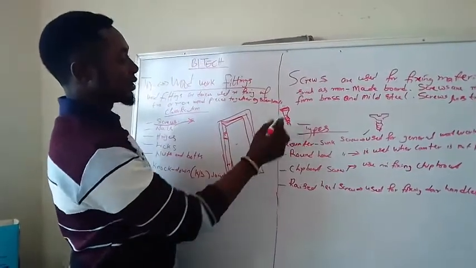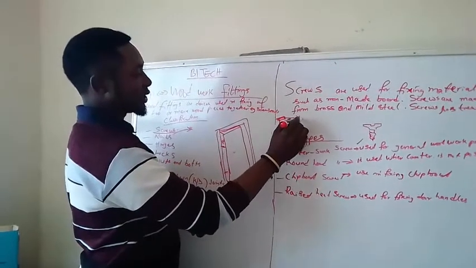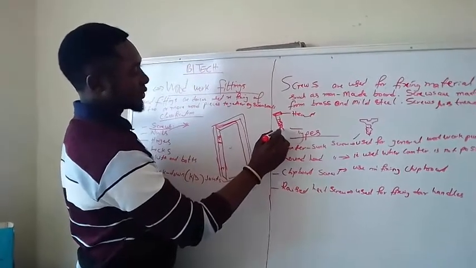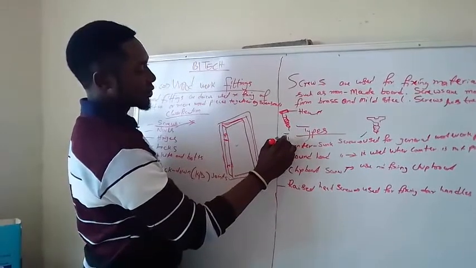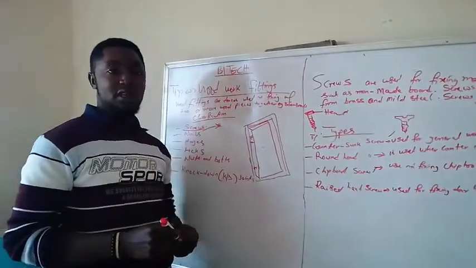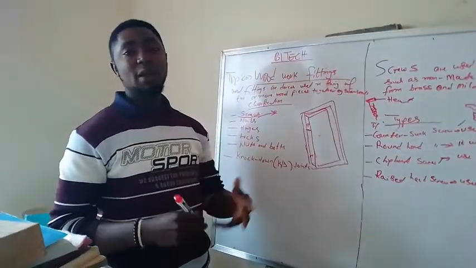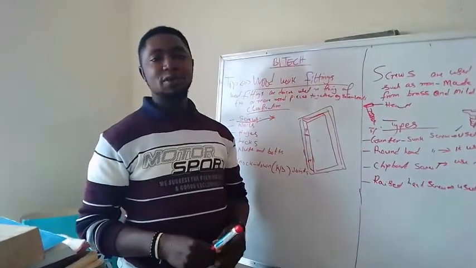These are the threading, and it also has a part called the head, and a part called the tip. That is part of screws. Remember, I told you that screws are used mostly in fixing man-made board. And what is a man-made board?